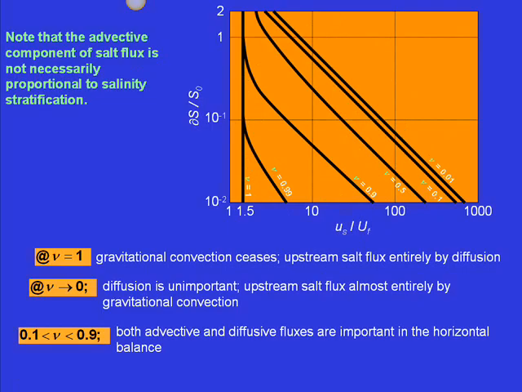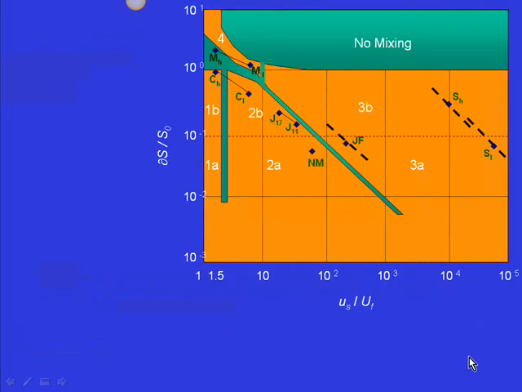So we can now place several systems in this context of the circulation parameter and the stratification parameter. And this is what the Hansen and Rattray classification of estuaries is like here. We have these different types of estuaries: 1A, 1B, 2A, 2B, 3B, 3A, 4. Now, some of you have the notes right in front of you, but try not to look at them.